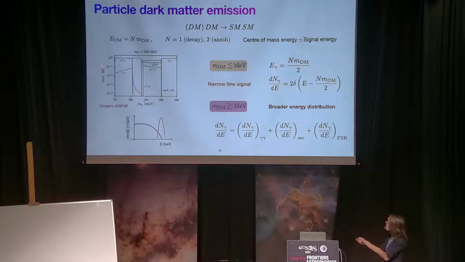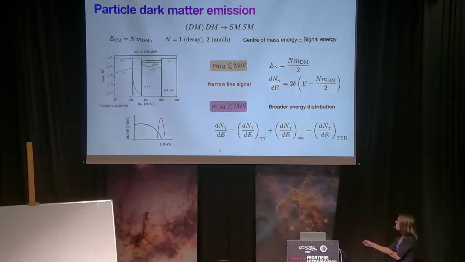So as soon as you open up the channel for electron-positron production, which you can see in any model that you have for your particle dark matter, you start to produce other particles, so muons, taus, pions, and so on and so forth. So you have a broader energy distribution. This is the spectrum as a function of energy, which takes contributions from these gamma-ray lines and the final state radiation.